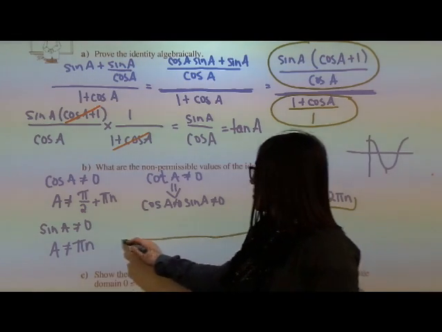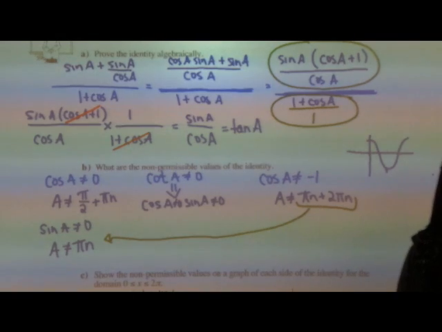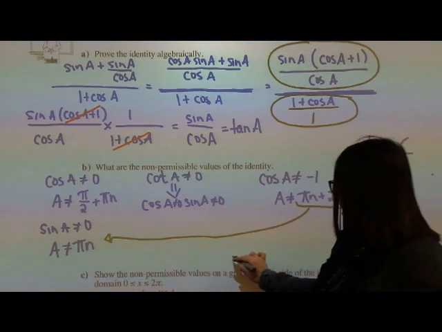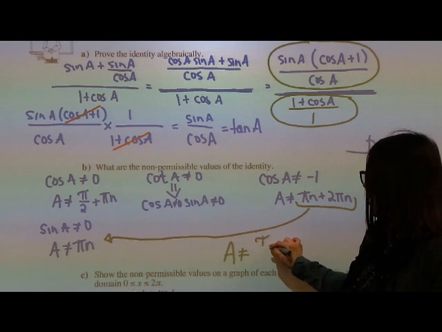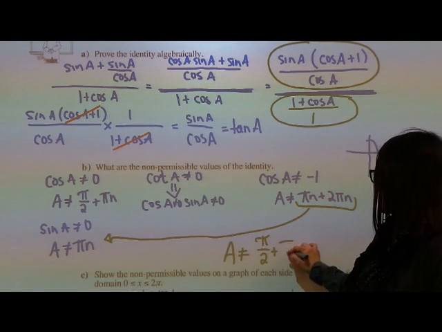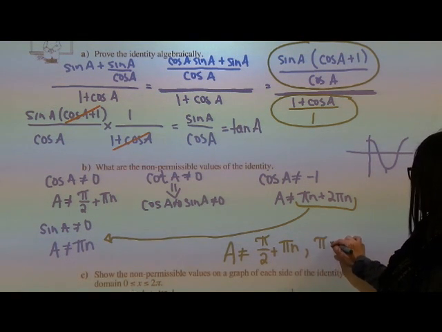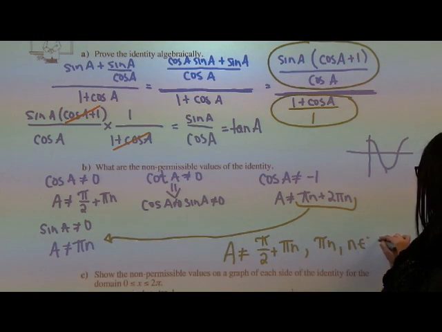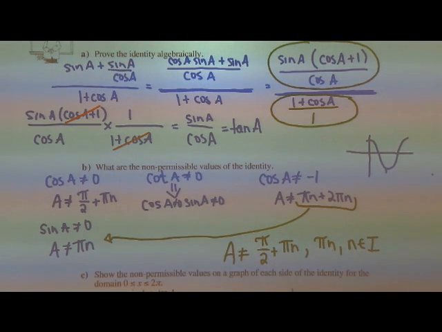Is that included in the previous statement? So I can write for my final answer that A cannot equal pi over 2 plus multiples of pi and multiples of pi, where n is an integer.